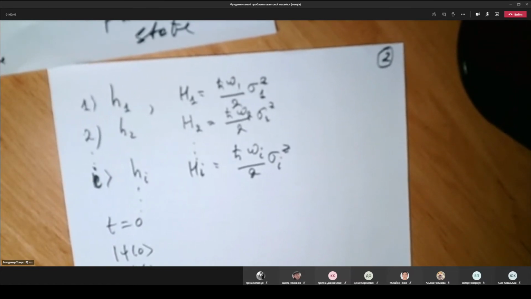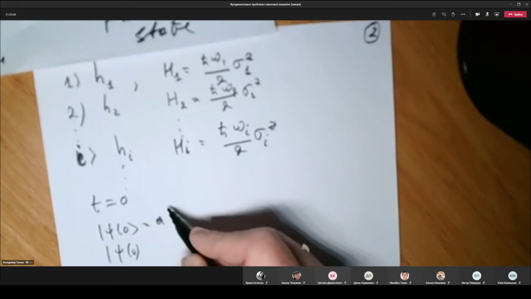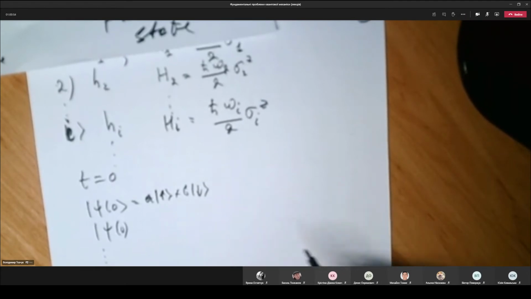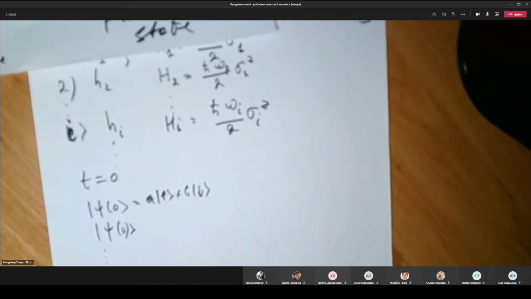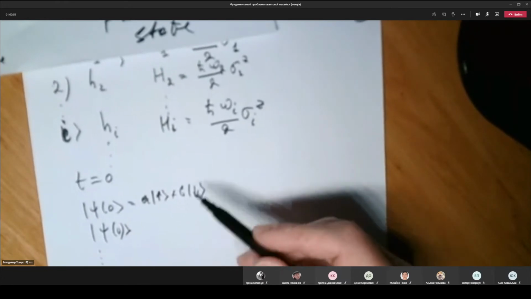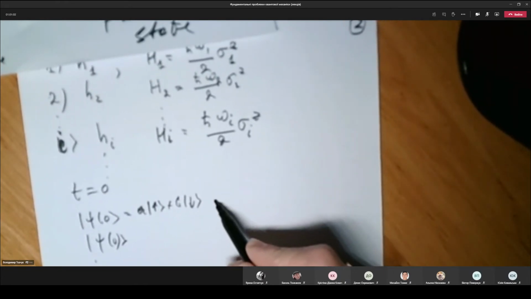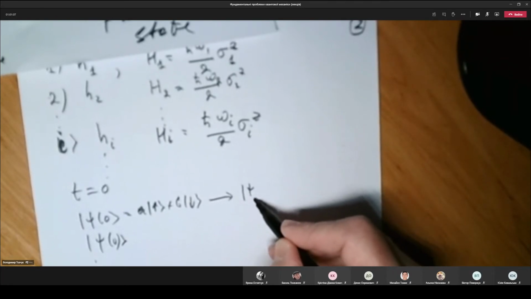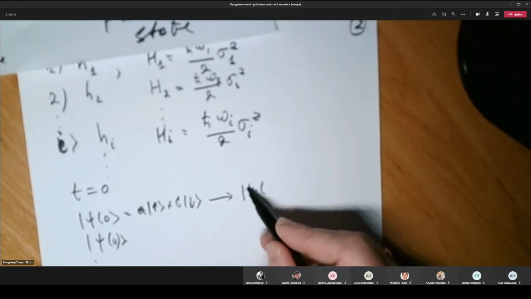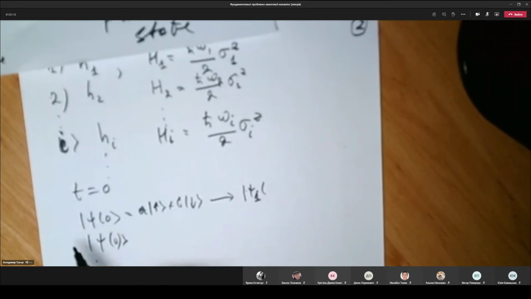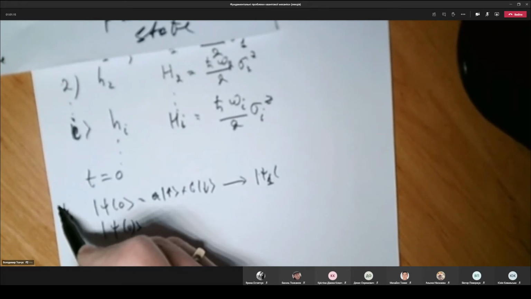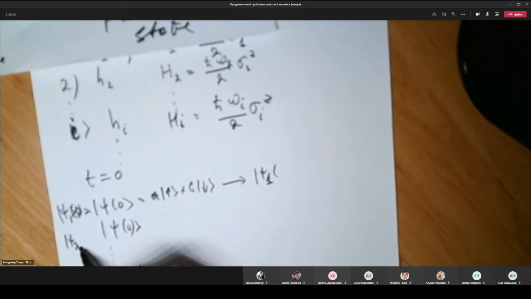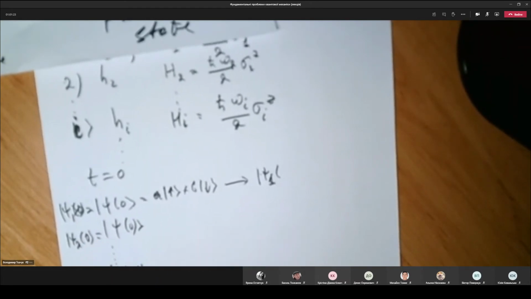Psi 0 is equal to A arrow up plus B arrow down. But the interaction is with a different magnetic field, and so as a result of evolution we obtain, let me write, psi 1. Psi 1 at the initial time is this one, psi 2 at the initial time is the same, and so on.